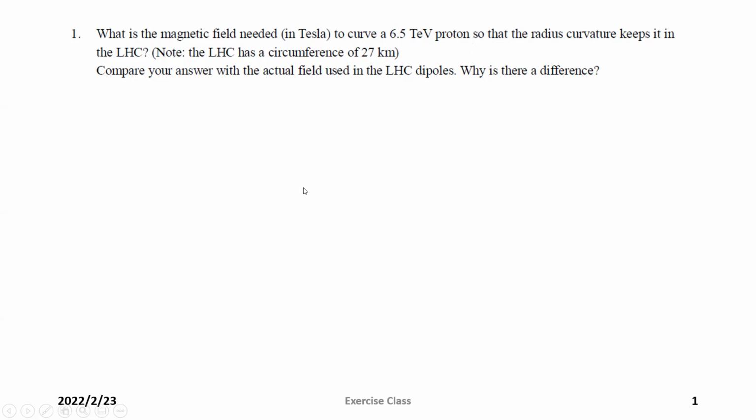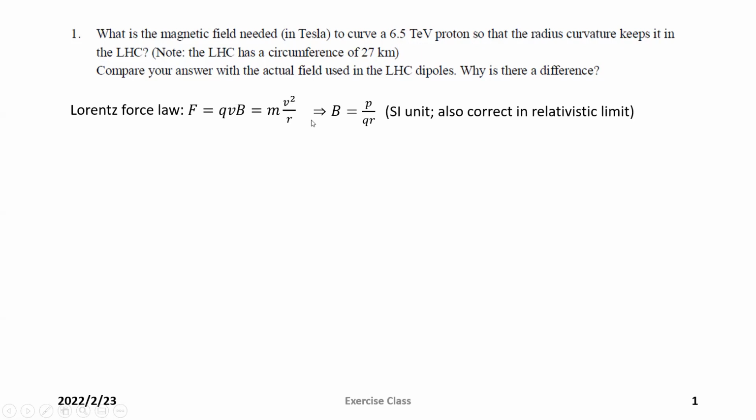So for this question, we can first write down the Lorentz force law. The magnetic force is QvB, and using Newton's second law and centripetal acceleration, you can then write down B equals P over QR, where P equals mv.